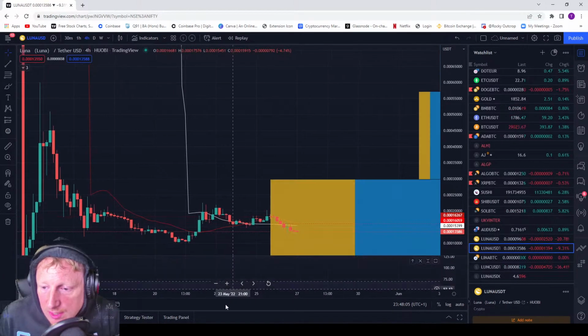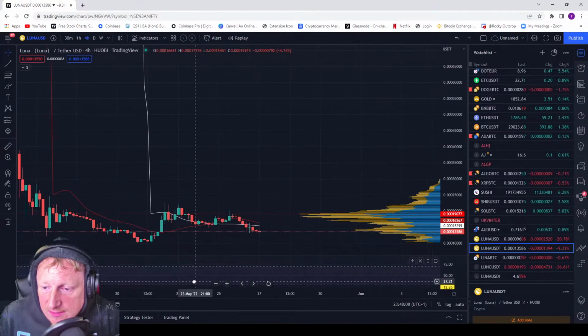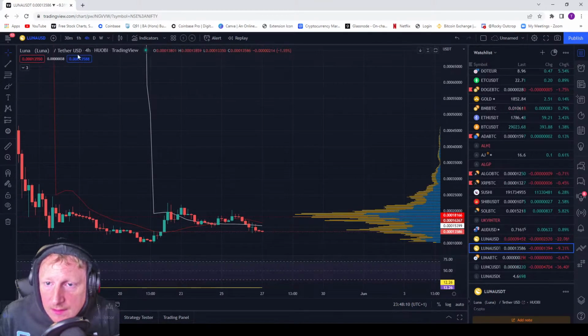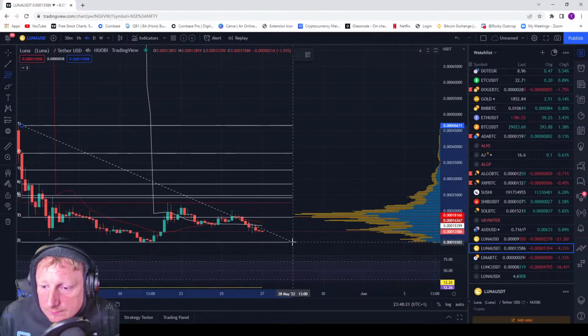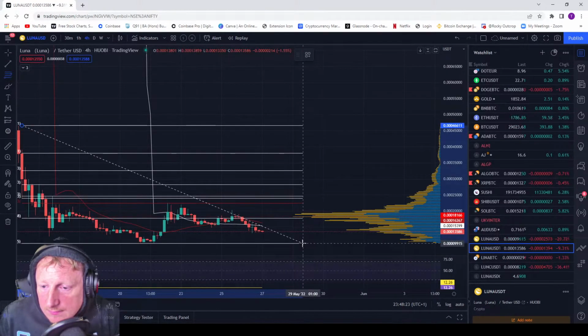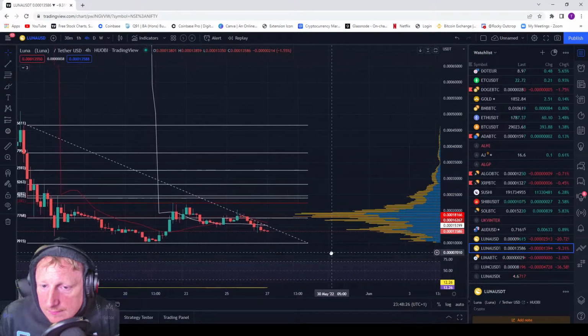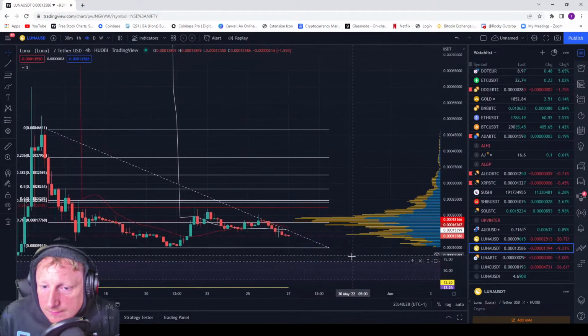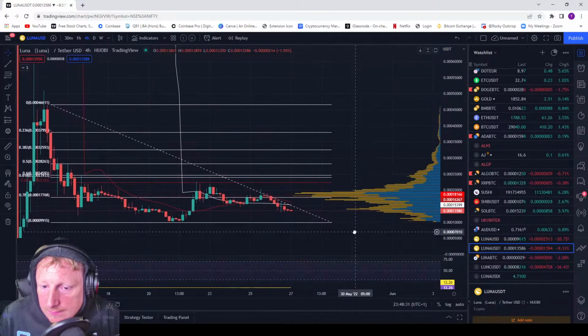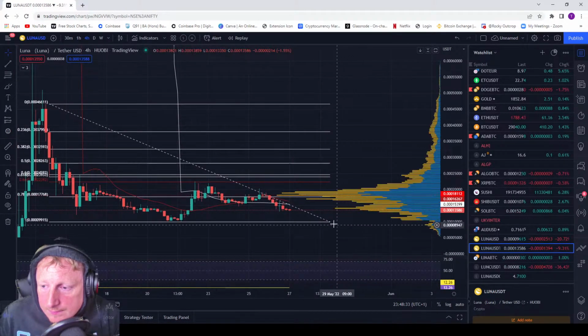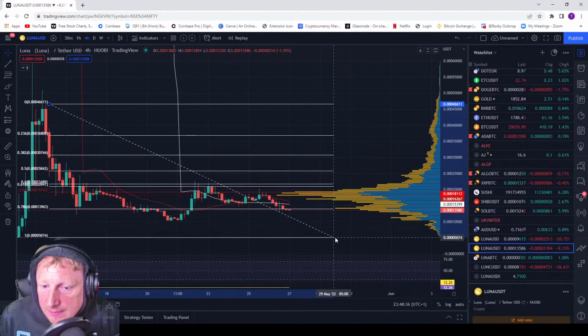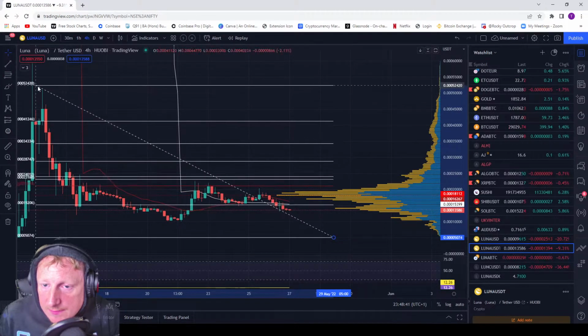The RSI is right down at the bottom. It is all going to pot. Let's grab him and move him to there.